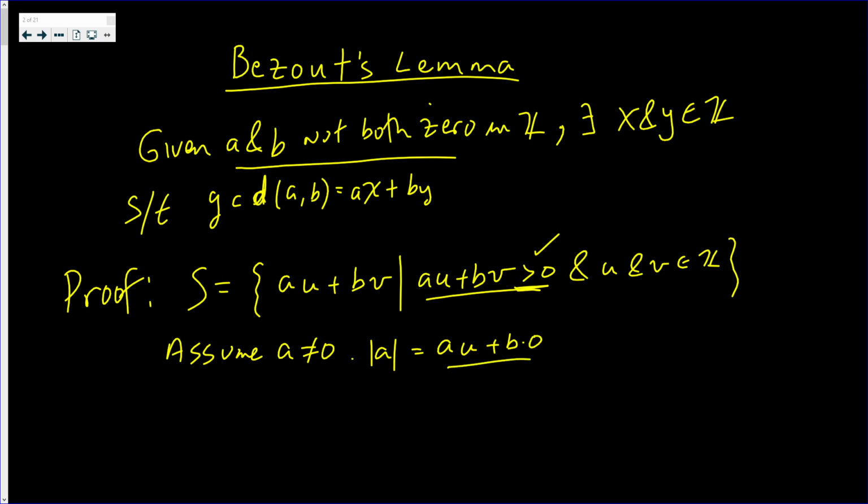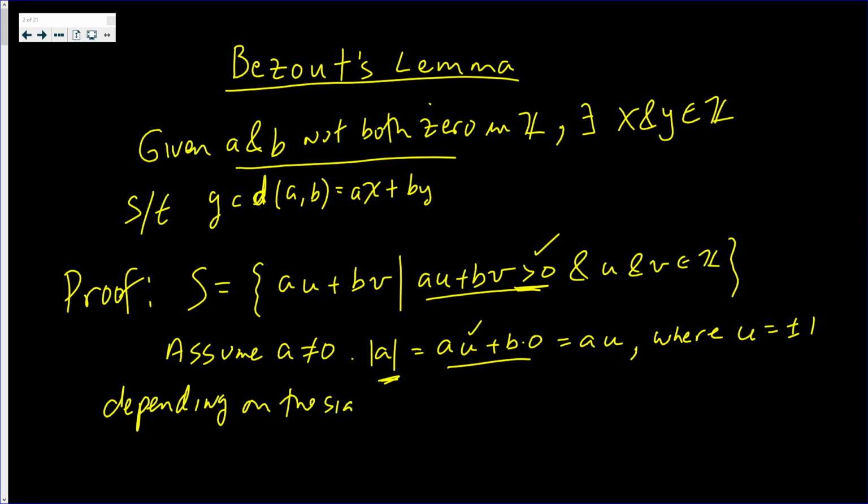Now, if this is positive, this will be in S, as long as u is an integer. This is equal to au, where u is equal to plus or minus 1, depending on the sign of a. What does this mean?